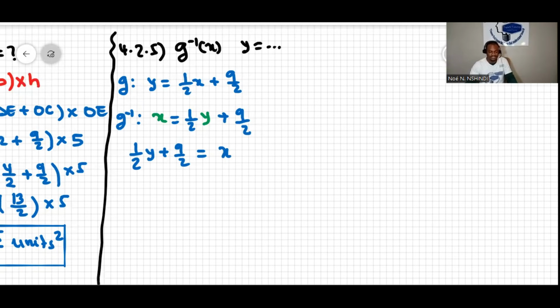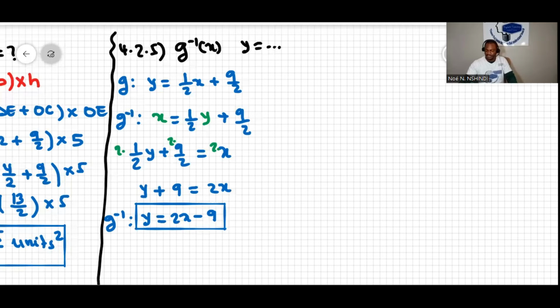If I times each term of the equation by 2, just to cancel, I times by 2 because I want to get rid of the fraction. I'm not that comfortable working with fractions, and then this will make y plus 9 equals 2x. If I move the 9 over, we get 2x minus 9. So this is g minus 1 in the form y equals.